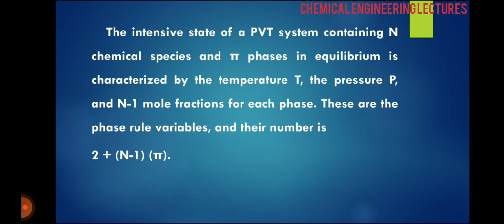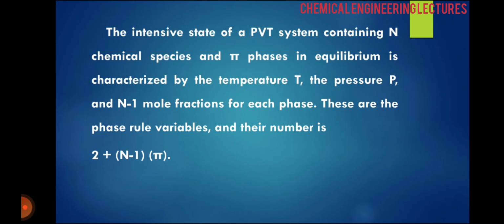So here the intensive state of a PVT system containing n chemical species and pi phases in equilibrium is characterized by temperature T, pressure P and n-1 mole fractions for each phase.